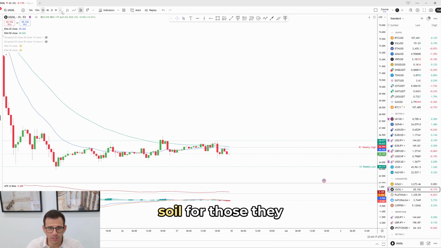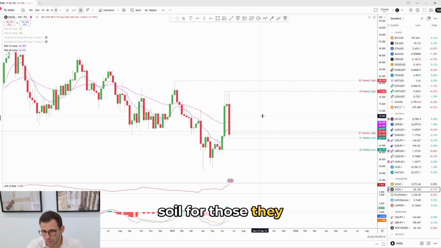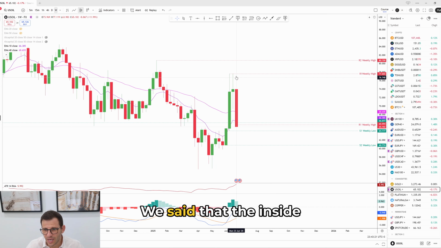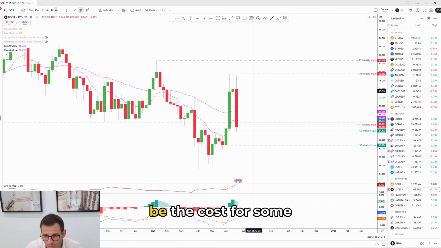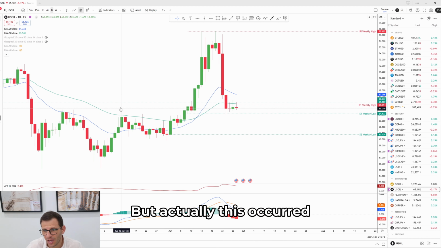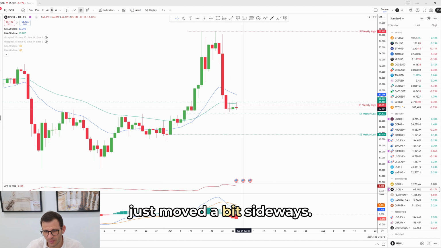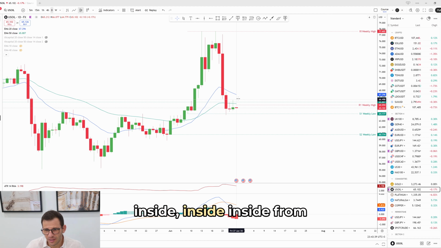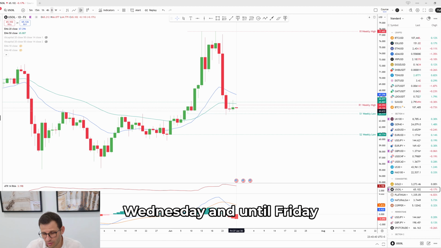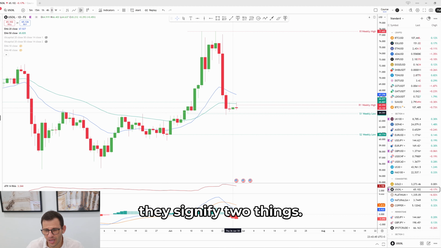US oil, for those who like to trade it: we said that the doji inside candle last week can be the cause for some further retracement, but actually this occurred last Monday, and since then the market just moved a bit sideways. So all these candles inside from Wednesday until Friday signify two things.